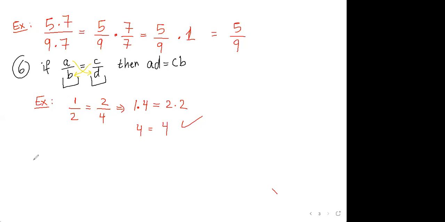Who will give me another one? I give you this one, 3/7. So 3/7 is equal to this fraction, 9/21, since 3 times 21 is equal to 9 times 7. 3 times 21 is 63, and 9 times 7 is 63.